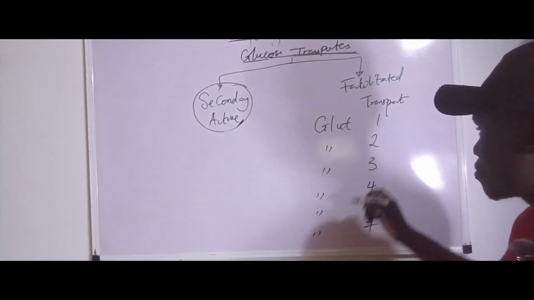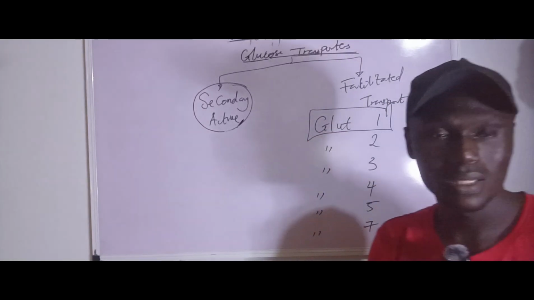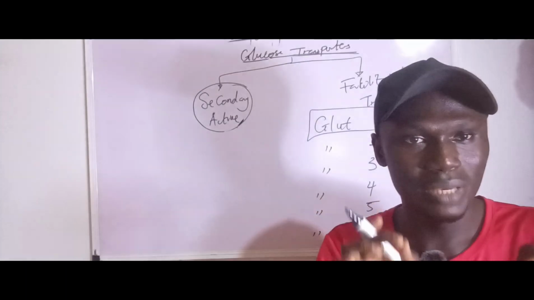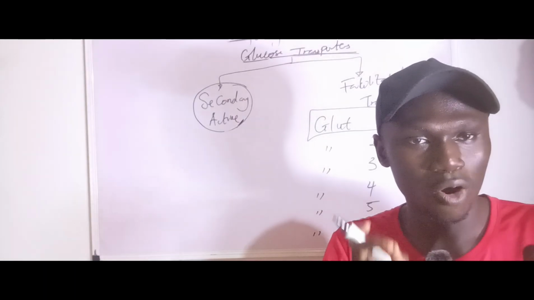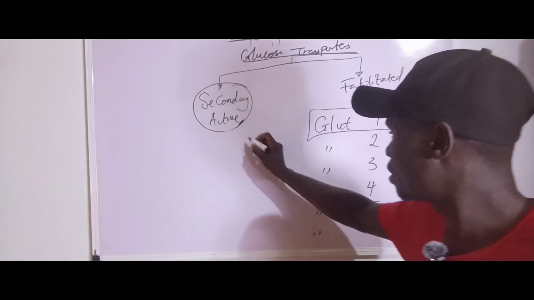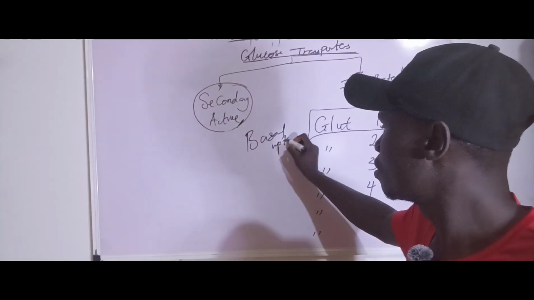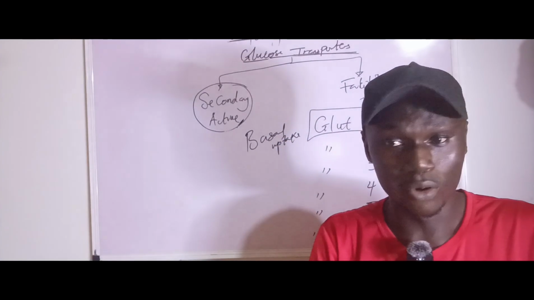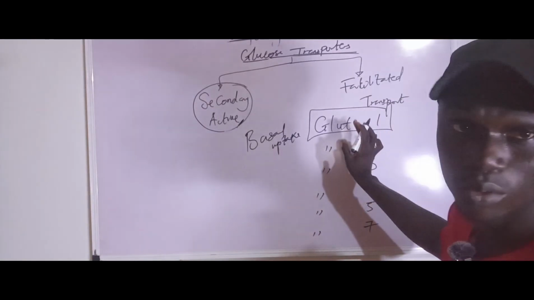So now, GLUT1 is found in all cells. All cells contain GLUT1. It is for the basal uptake of glucose. So when cells want to take up glucose in their normal state, when the glucose level is within normal range, they use GLUT1.